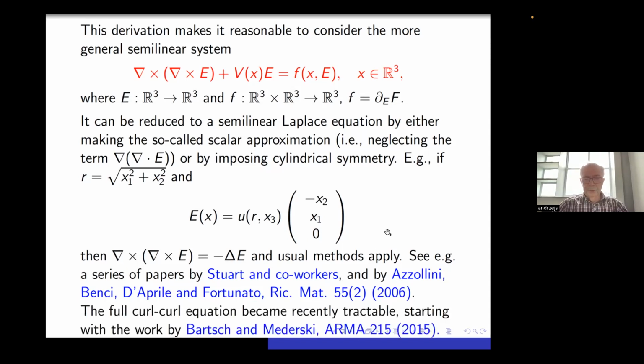And the full curl equation, in fact, became tractable only recently, and the first paper is the one by Bartsch and Mederski. It appeared, well, it's now 8 years ago.